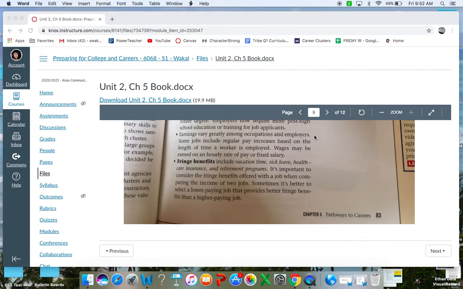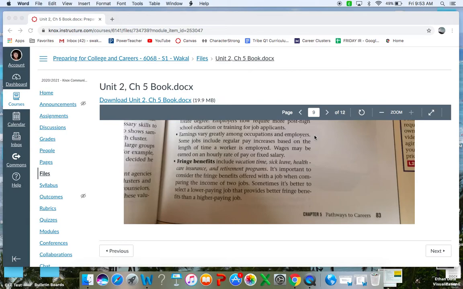I mean, if you've worked there for 20 years and someone else has worked at a company for 10 years doing the same job, the person who works for 20 years should be making more money. Wages may be earned on an hourly rate of pay or a fixed salary. So you might get paid so much an hour, and then anything over your regular hours, you could get what they call overtime pay, which we'll talk about in a different section as well.